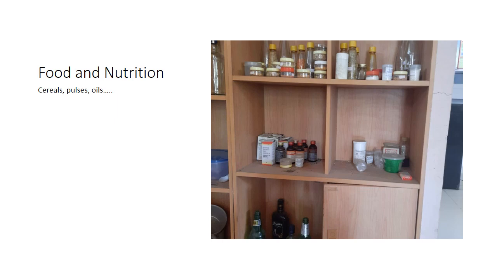We have a shelf and a cupboard in our museum having more than 25 food grains kept in glass bottles. Cereals, pulses, condiments and oil containers are kept in this cupboard.